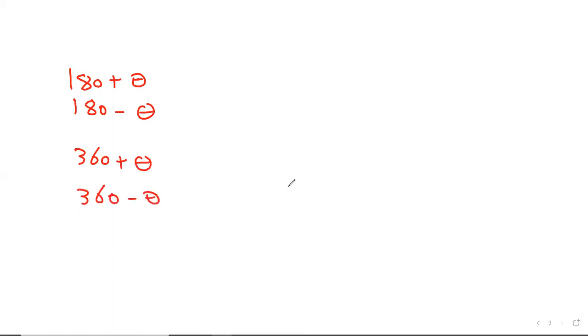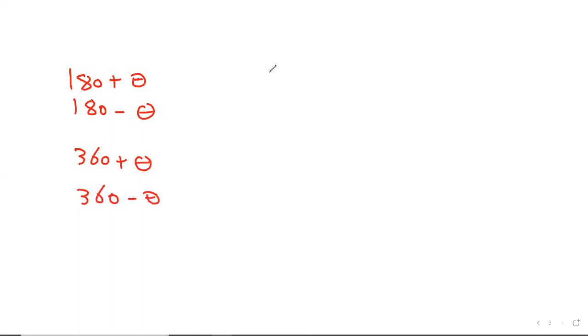So till now, we have studied 180 plus theta, 180 minus theta, and also 360 plus theta and 360 minus theta.